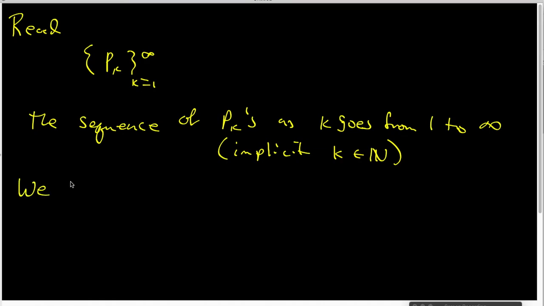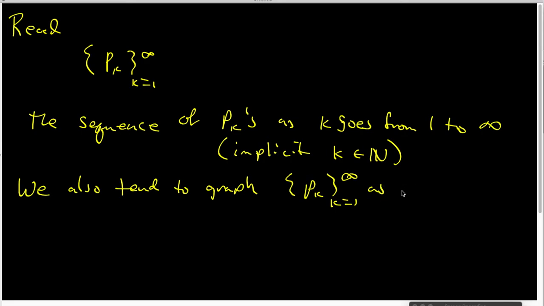So we also tend to graph the elements of the sequence as single points on the number line. And the easiest thing to do here is an example.